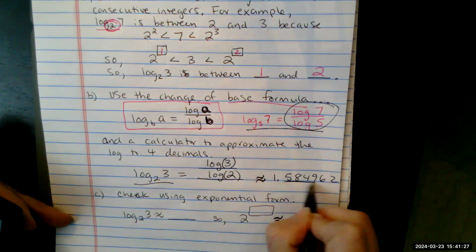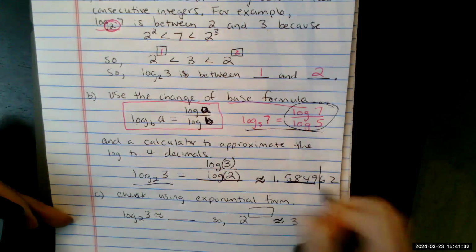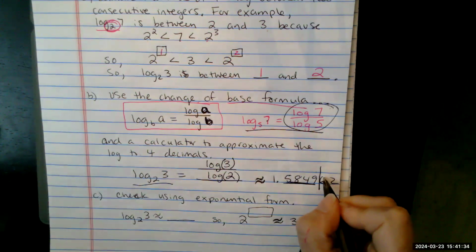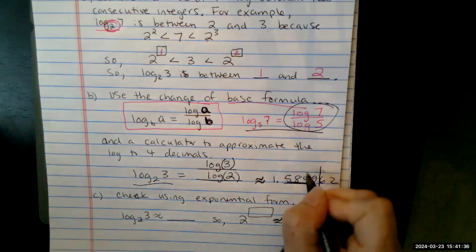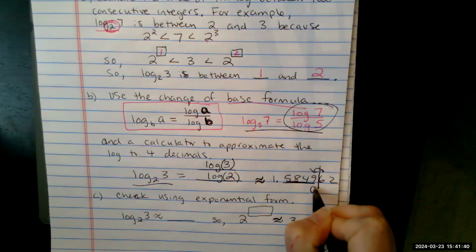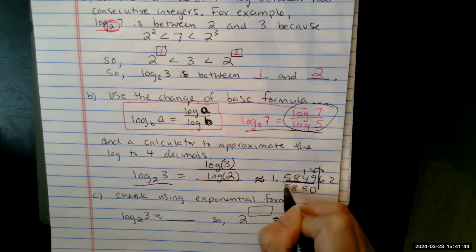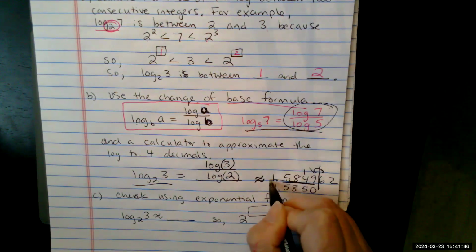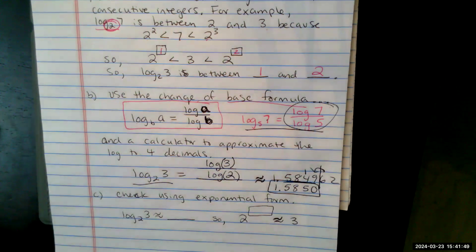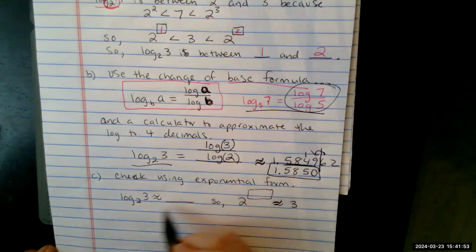So rounding it to 4 decimals is tricky again because we're stopping here, but the 6 is going to make us round up on the 9. So 9 goes to 10, which really means we add 1 to what was before it. So make sure you're okay on your rounding. So check using exponential form.